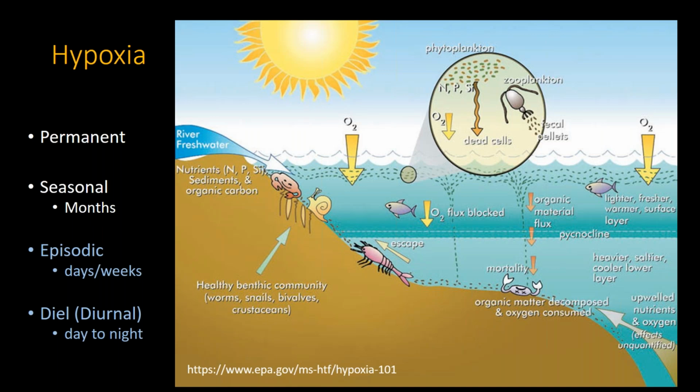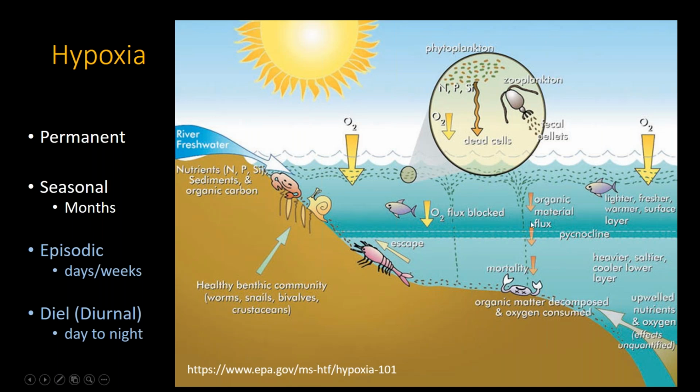Those dying and decaying algal cells, as well as fecal pellets from the zooplankton, sink to the bottom where we have decomposition. Below that photic zone, we actually have decomposition exceeding photosynthesis, and we have low oxygen events that we term hypoxia. And historically, hypoxia is defined as less than 2 milligrams per liter.